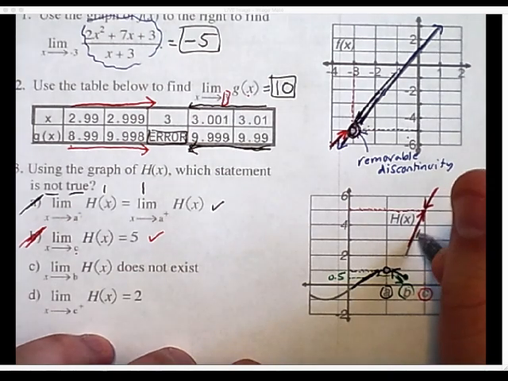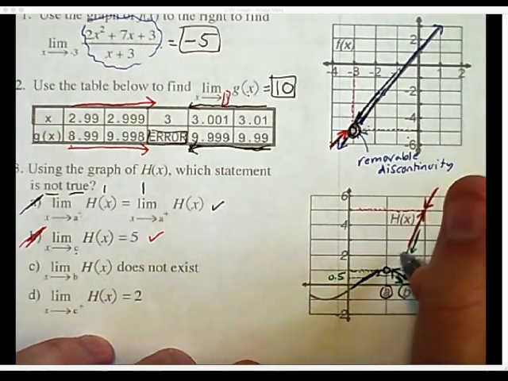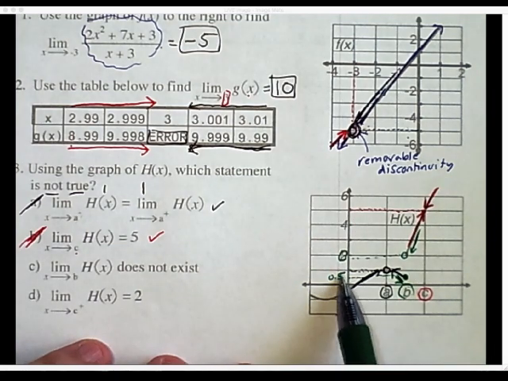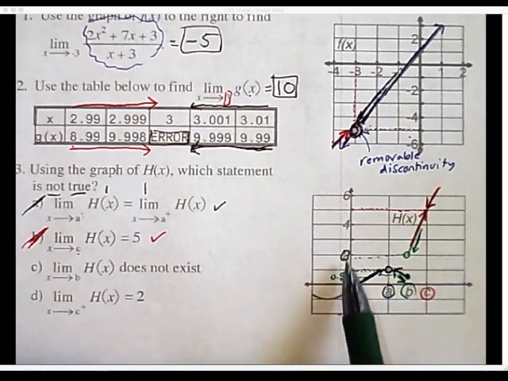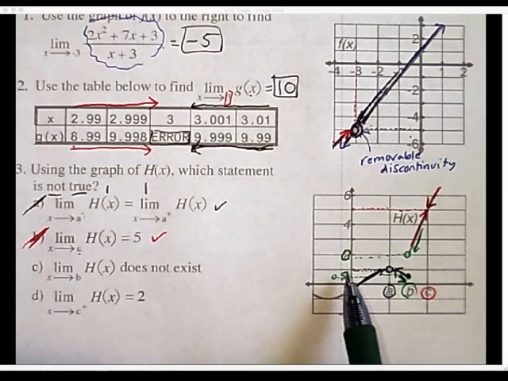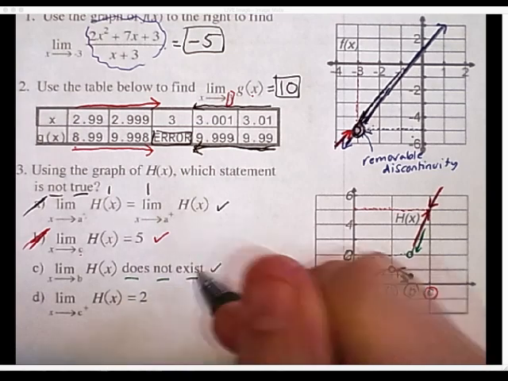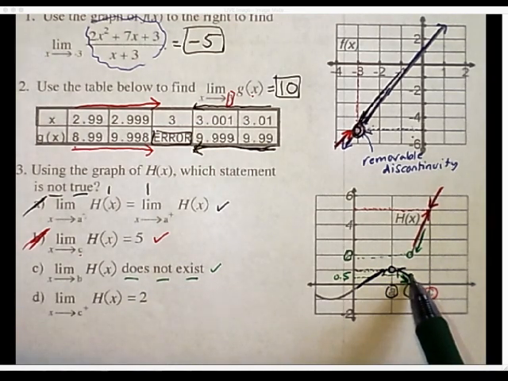As I'm coming closer to b from the right side, the right limit would be 2. Now here the left limit is a half, but the right limit is 2. These numbers do not equal each other. And since these two numbers do not equal each other, this is true. The limit does not exist. For a limit to exist, the number coming in from the left would have to equal the number coming in from the right.